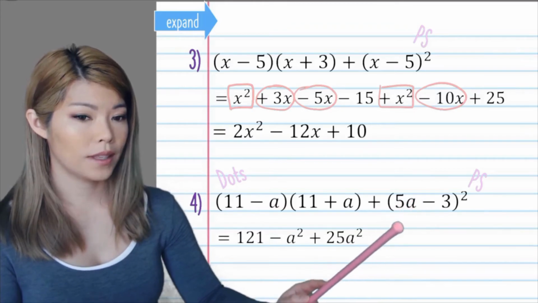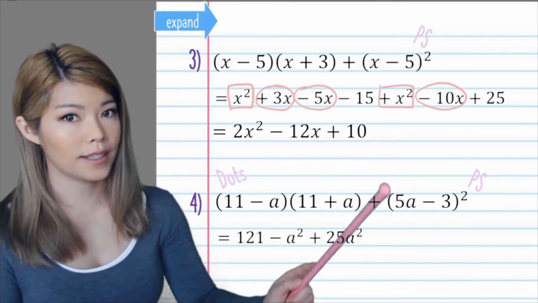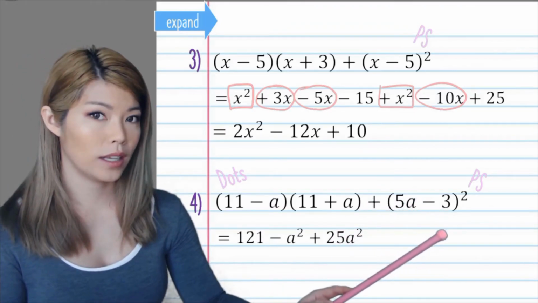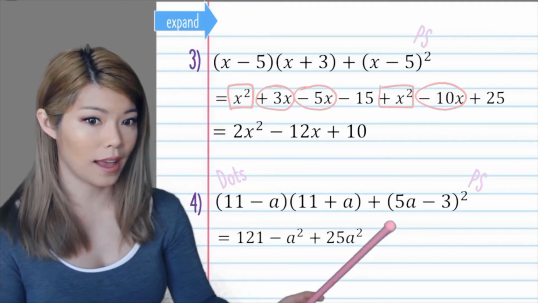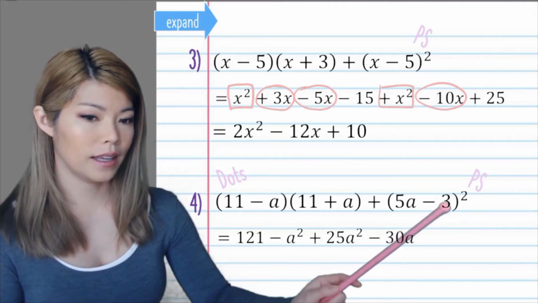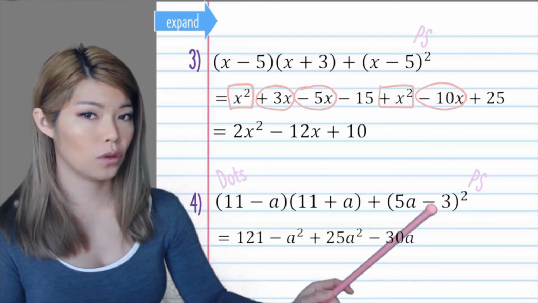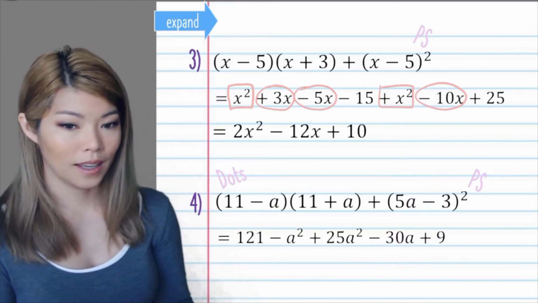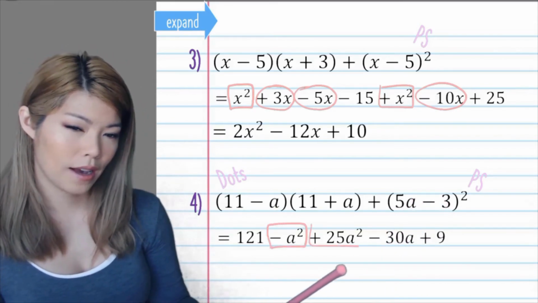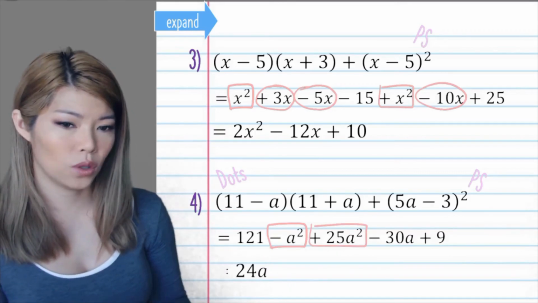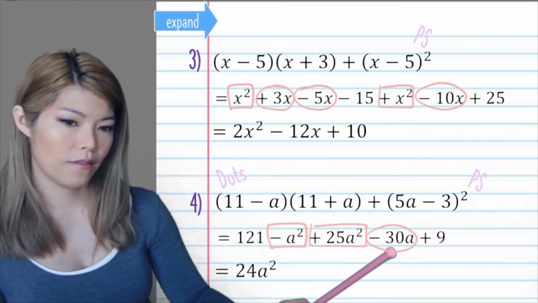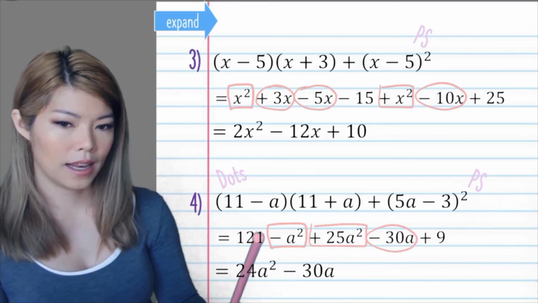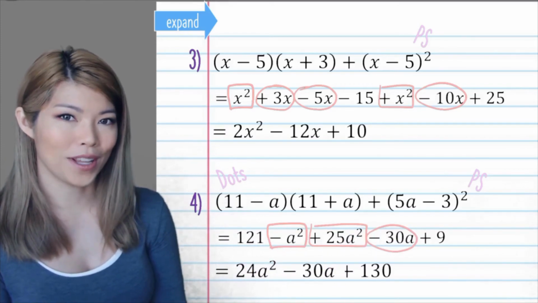Now 2 times that and that, so 2 times 5 is 10, times minus 3 is minus 30. Don't forget the a. So minus 30a, and then the last term is that squared, which is 9. Simplify. So we have 25 minus 1 is 24a squared. Then we have the minus 30a, and 121 plus 9 is 130.